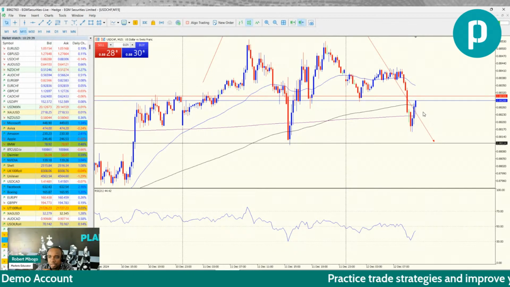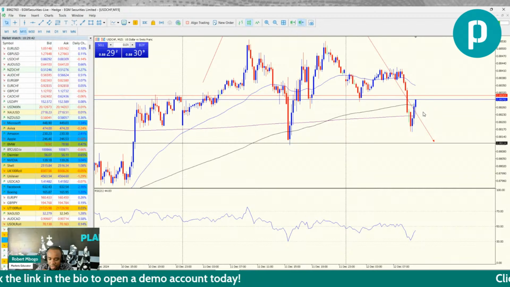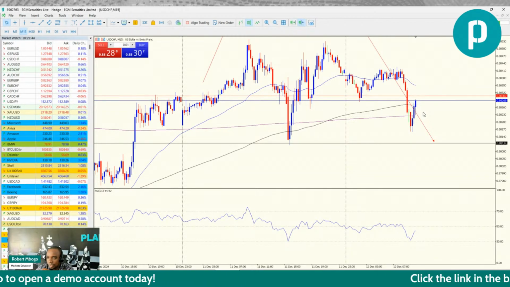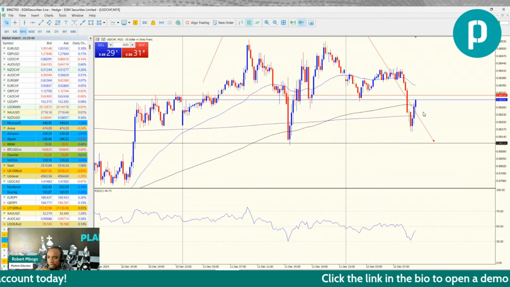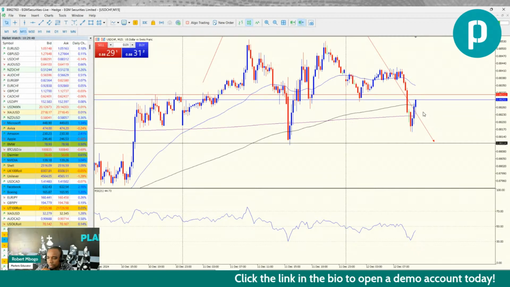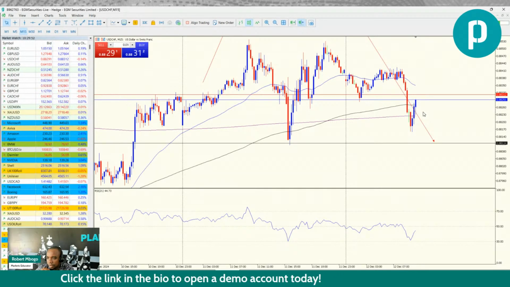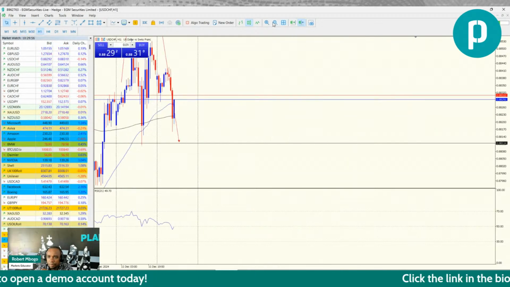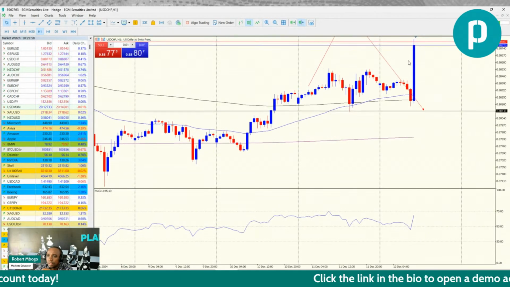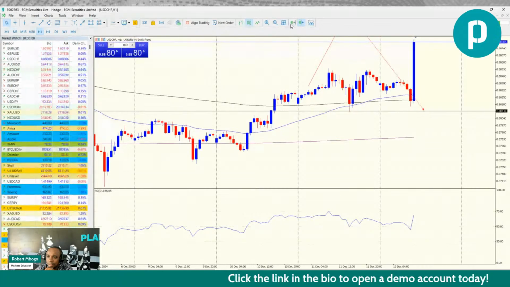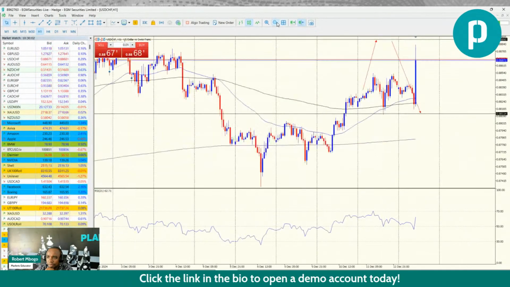Anyone who's traded CHF will tell you CHF is a currency by itself. So a few more seconds. So remember, we still have this gap. Look at that. Exactly. The buys. Look at that.